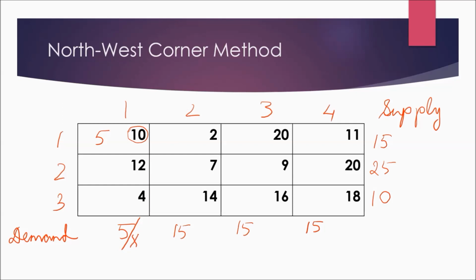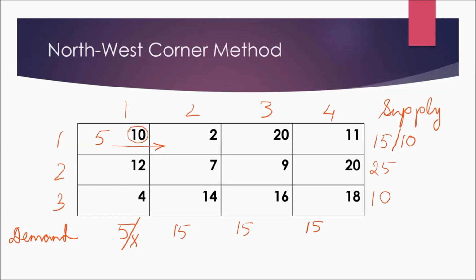Now out of the supply of 15, we are left with 10, since we have supplied 5 to the first destination. Then we move on to the second destination. The demand for the second destination is 15, and the supply of the first source is 10 now.